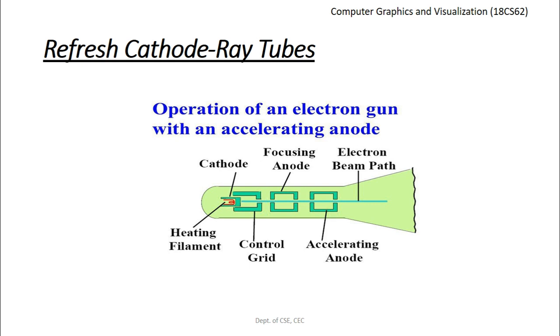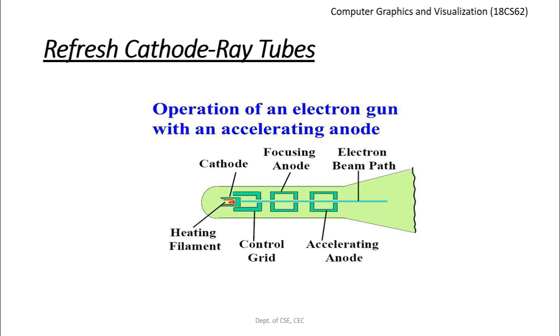This causes the electrons to be boiled off the hot cathode surface. Inside the CRT envelope, the free negatively charged electrons are then accelerated towards the phosphor coating by a high positive voltage. The intensity of the electron beam is controlled by the voltage at the control grid.